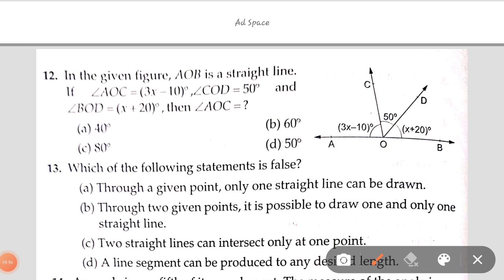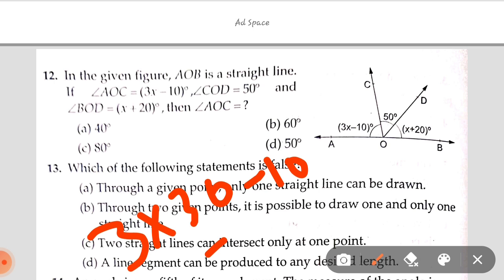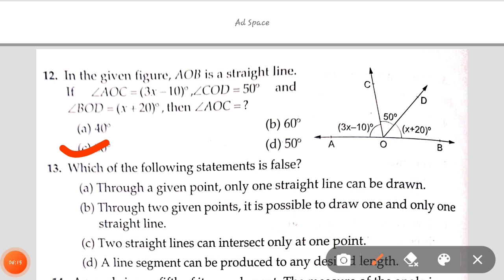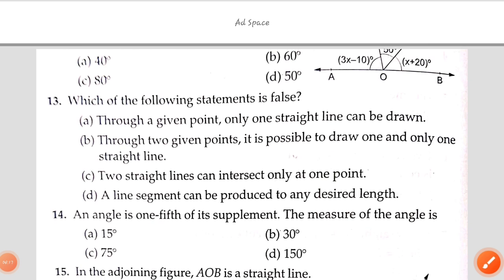Now we apply 3 into 30 minus 10, that is 90 minus 10. So this question's answer is 80 degrees, that is option C.